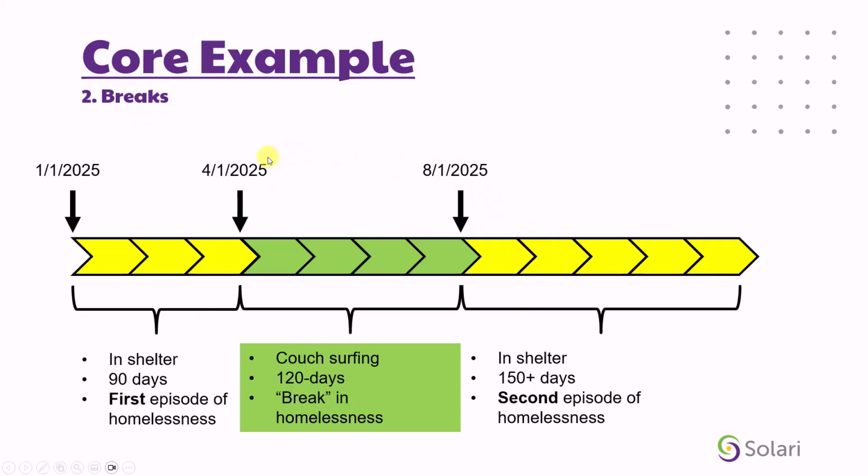So this is what we mean by break. We mean a client has 1 episode of homelessness, they then are no longer experiencing that homelessness, and they have a second experience of homelessness afterwards. Now, what constitutes a break is different for permanent situations and institutional situations.